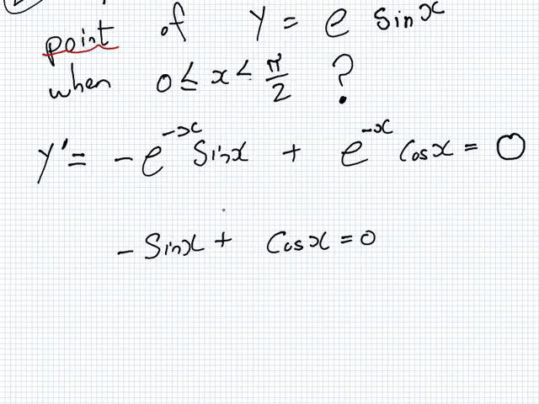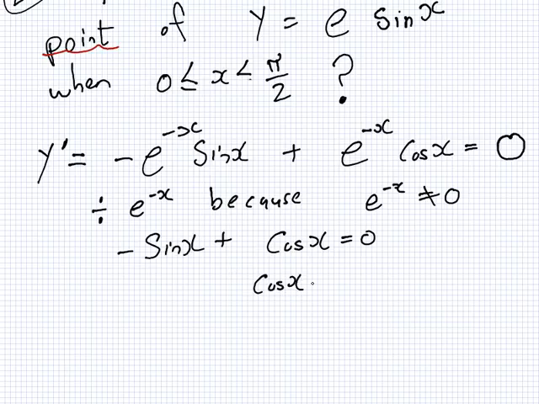Yeah. Like, I can divide by e to the minus x. But why? Because the only reason I can do this is because I know that this cannot be 0. Now that's important. So I get here cos x equals sin x, right? So 1 equals sin x over cos x, which equals tan x.